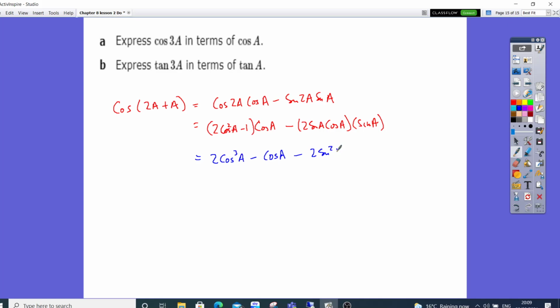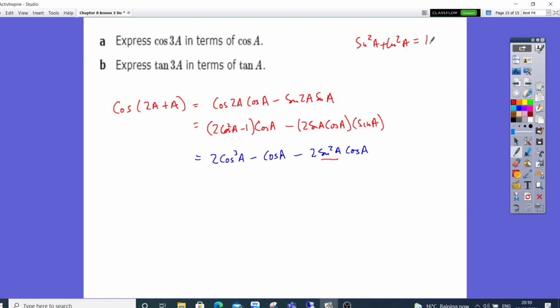Now don't forget, I can now use my year 12 identity there. I know that sine squared a plus cos squared a is identical to 1. So I can just say that sine squared a is the same as 1 minus cos squared a.